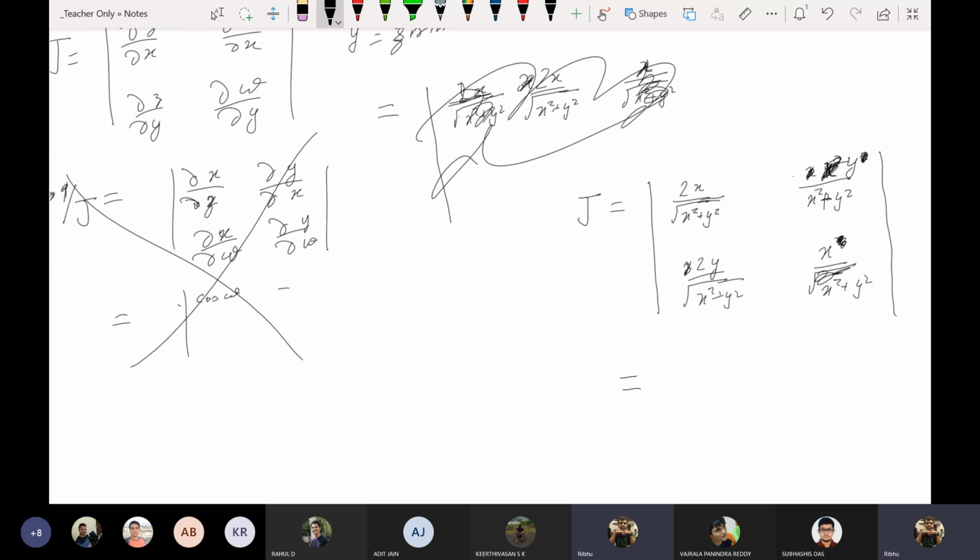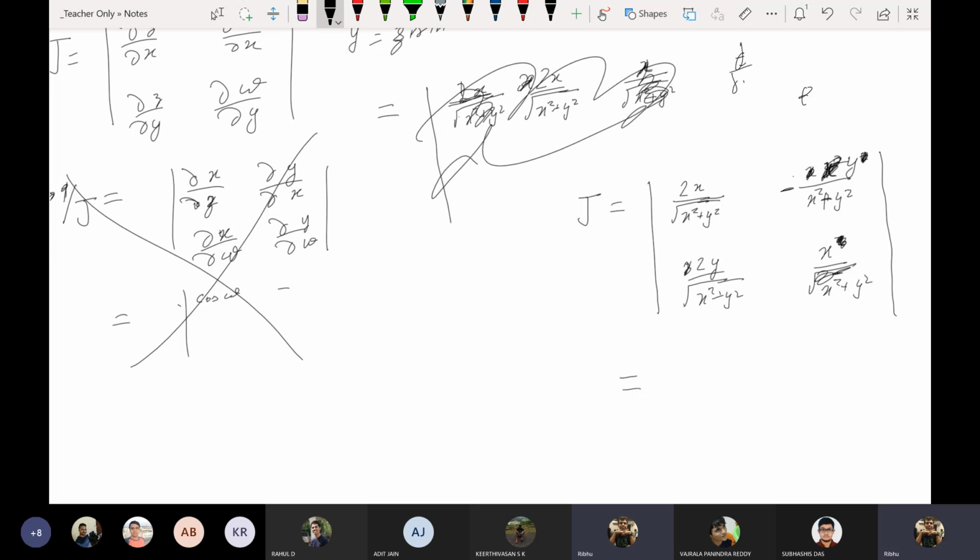Either of these two terms should have a minus. Yes, so minus will be there because this is y by x. So because of x being in the denominator, this will have a minus.